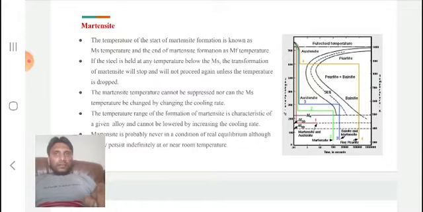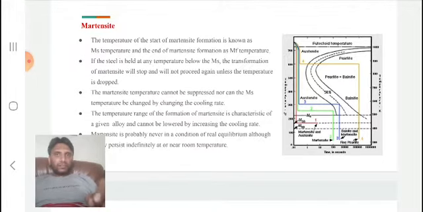And if you see the blue line, it is suddenly brought to the temperature range of 300 degrees centigrade and held at the temperature for some time, and in the middle of the transformation it is again quenched to below 150 degrees centigrade.